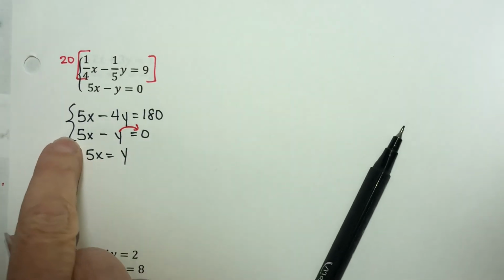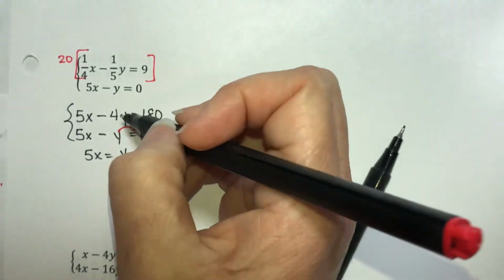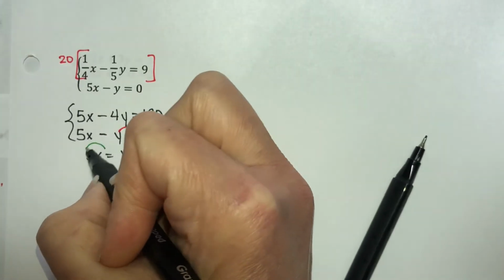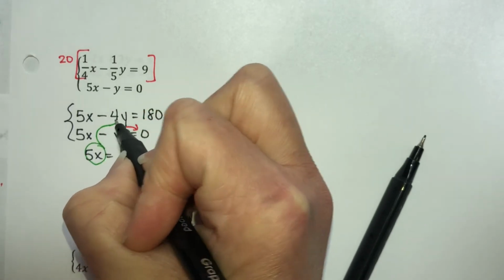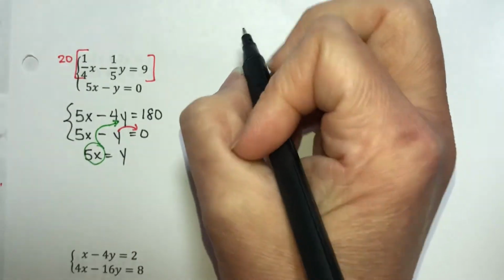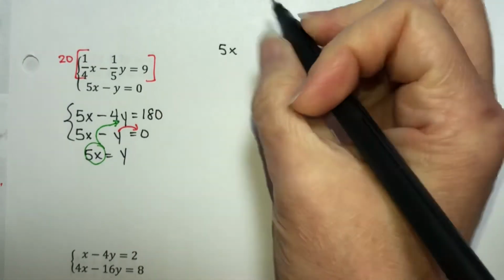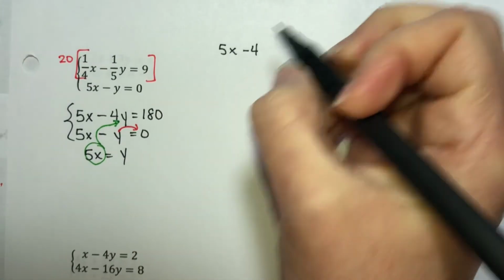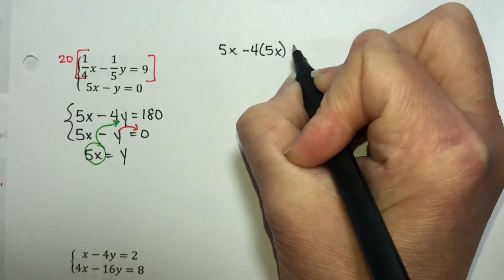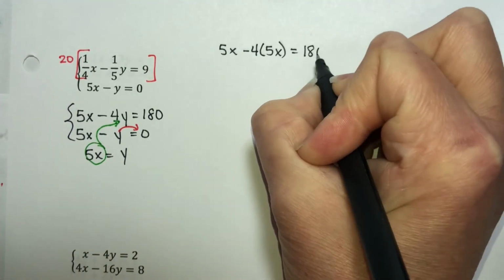Now this is the equation I solved, so I definitely want to substitute into the other one. I'm going to take this 5x and plug it in right there for that y. That will give me 5x minus 4, instead of y, I'm going to write 5x, is equal to 180.